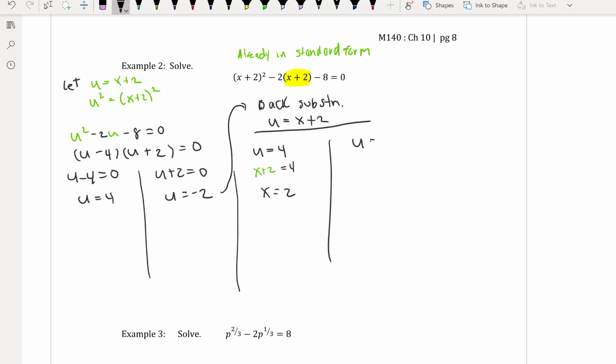Now, if I have that u is equal to negative 2, when I do my back substitution, that's going to be x plus 2 is equal to negative 2. So if I subtract 2 from both sides, negative 2 minus 2 gives me a negative 4. And of course, I want to plug this back into my original equation.